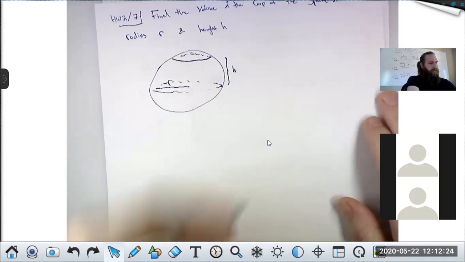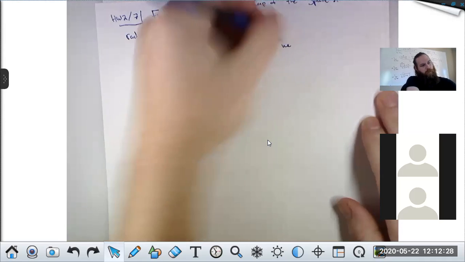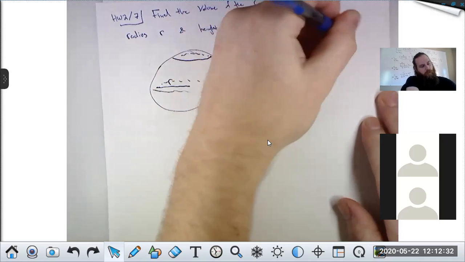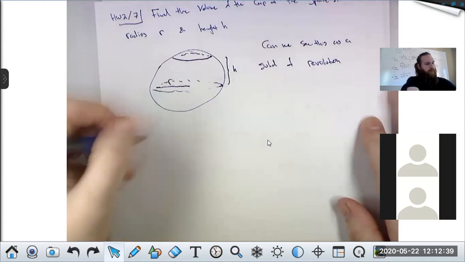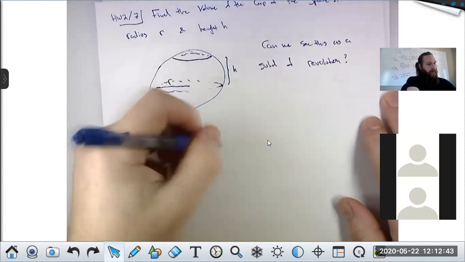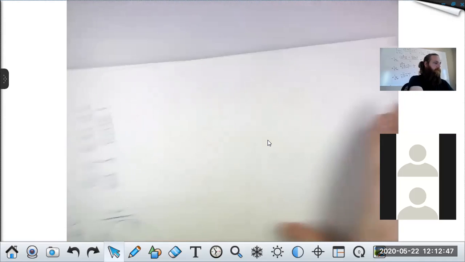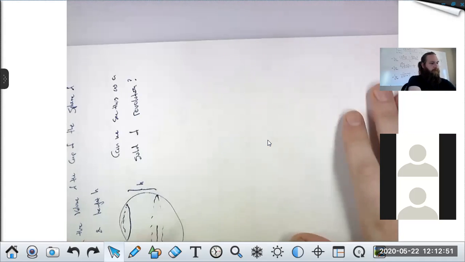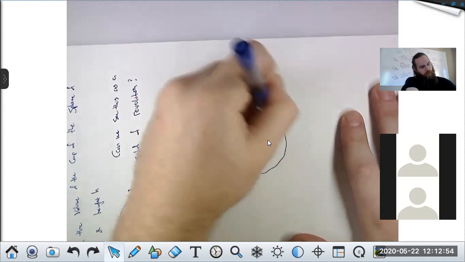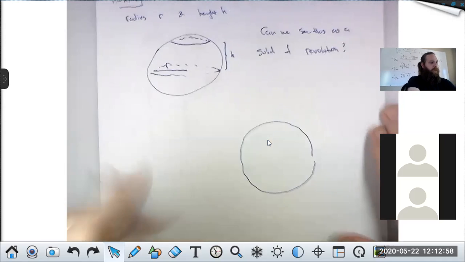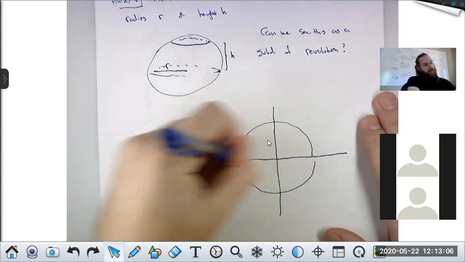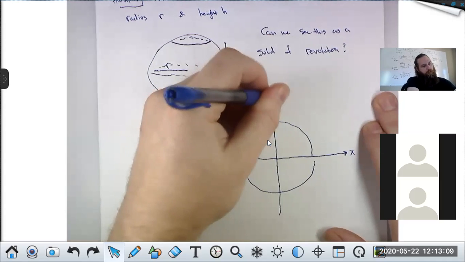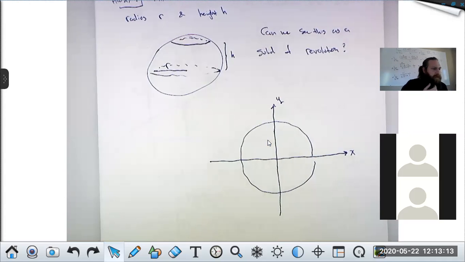And the answer is yes. If I begin with a circle of radius r, and I rotate it about either of the coordinate axes, so I center my circle of radius r at the origin, and I rotate about either coordinate axis, then I am going to generate the whole sphere.